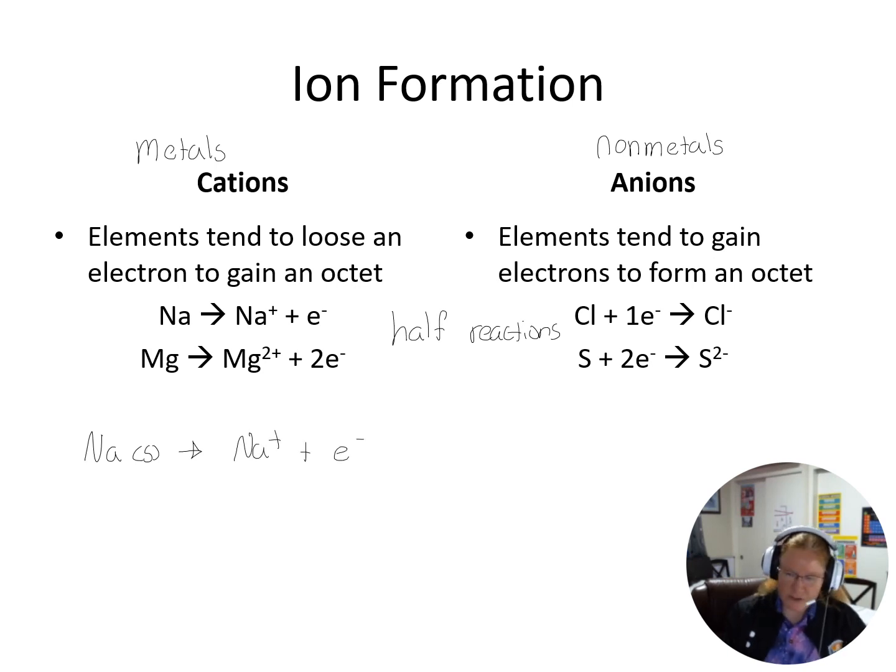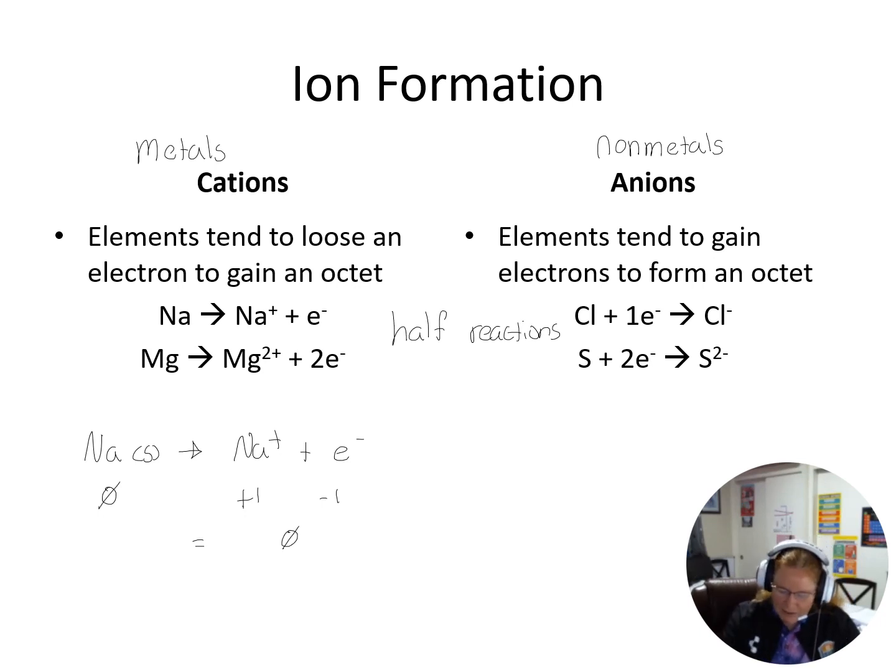My neutral sodium atom has no charge to it. My sodium cation has a +1 charge, and my electron has a -1. +1 and -1 gives me 0. Does 0 equal 0? Yes, it is balanced.